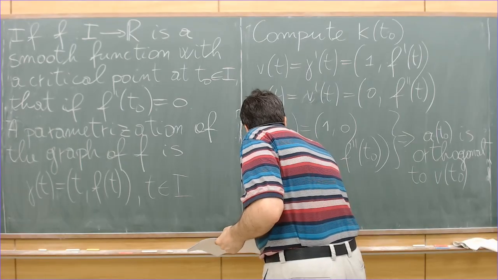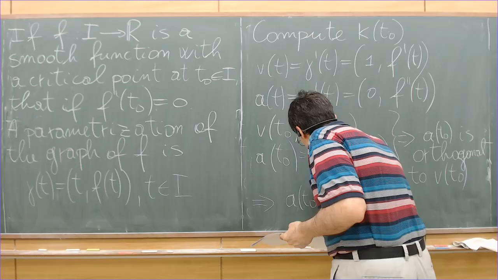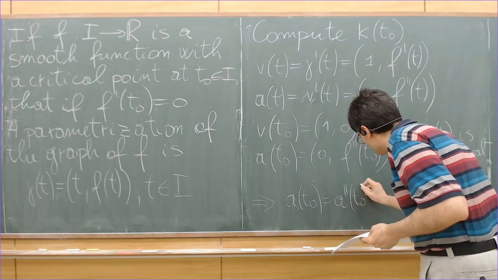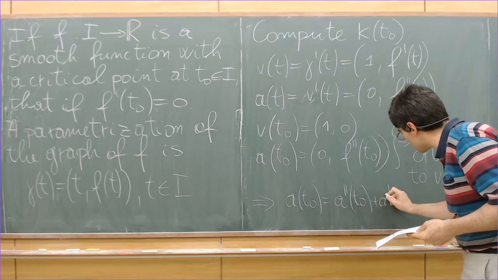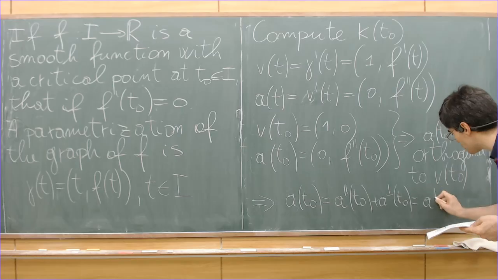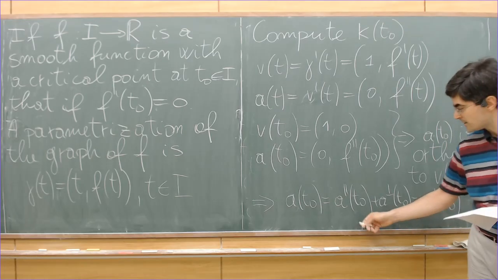So this says that a of t0, which can be decomposed as a parallel t0 plus a orthogonal t0, is just a orthogonal t0, because this component is 0.